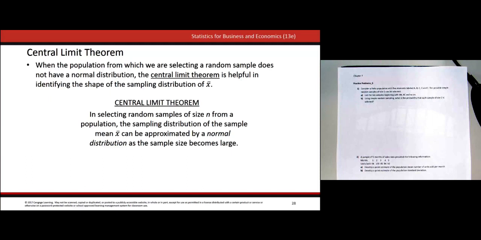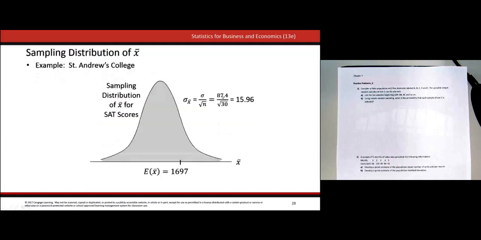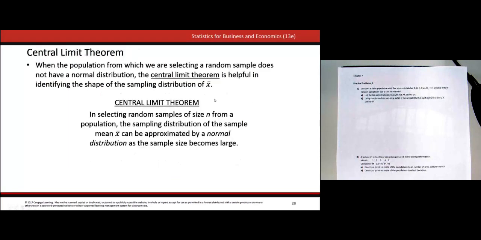In that case, we use the central limit theorem, which helps us identify the shape of the sampling distribution of x bar. What does the central limit theorem say? If the sample size is large enough, then the sampling distribution of x bar is approximated by a normal distribution.